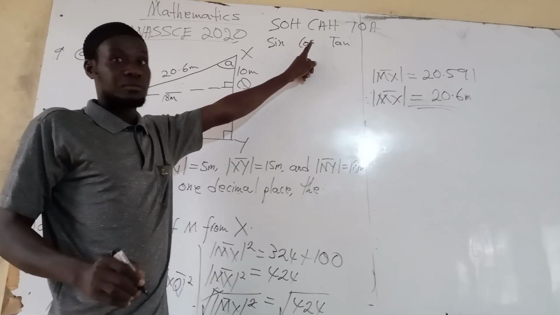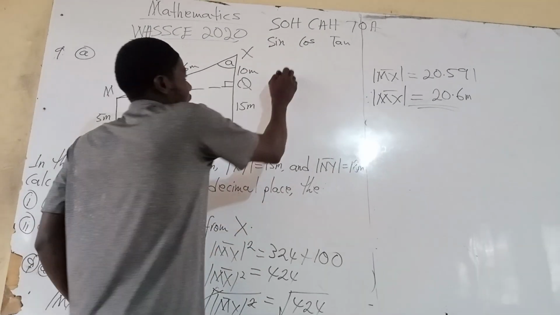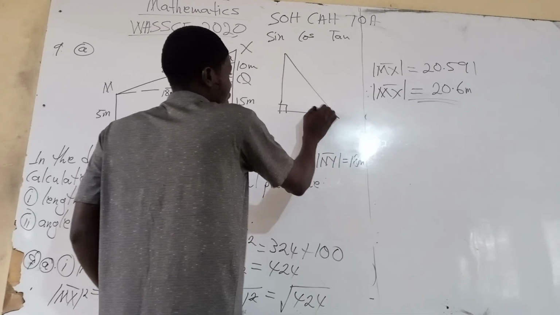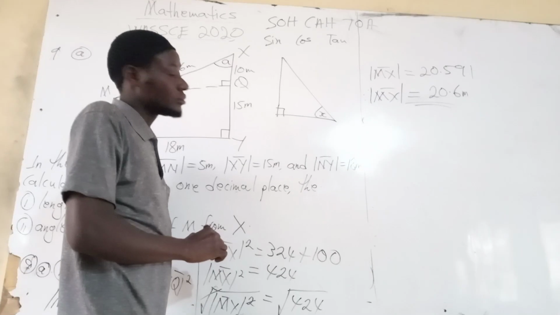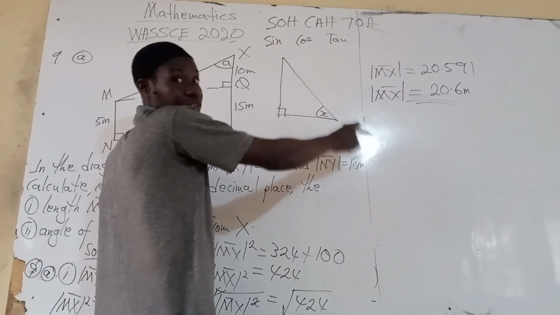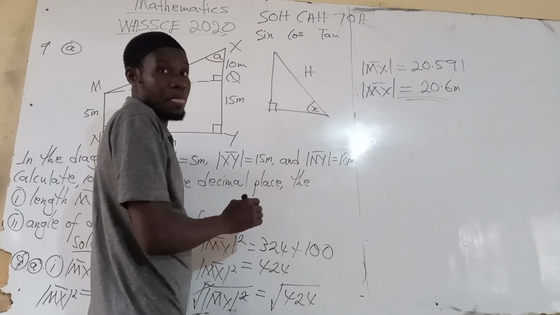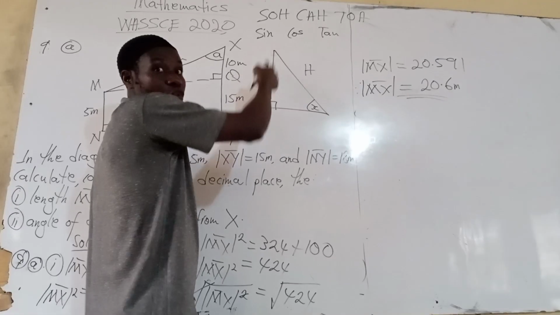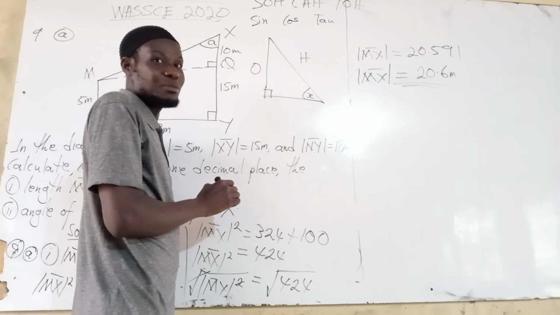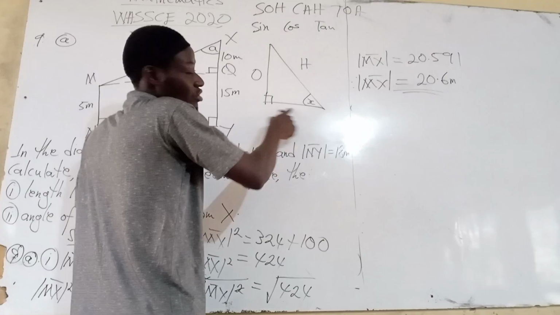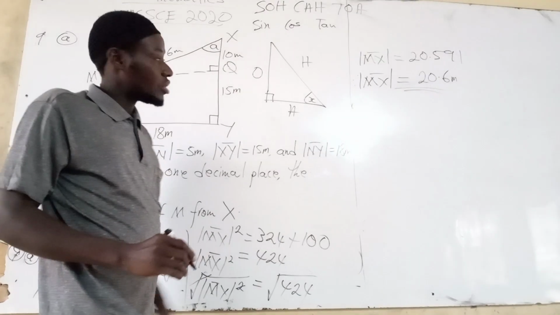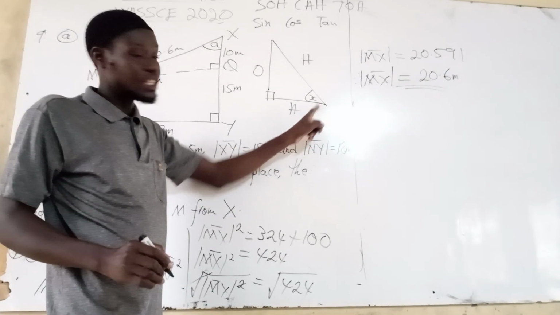If I have a right angle triangle like this and I'm looking for this angle, the longer side is called the hypotenuse. The length opposite to the angle is the opposite, as the name implies, and the length that forms the angle with the hypotenuse is the adjacent.